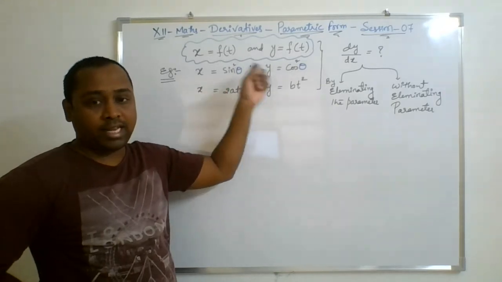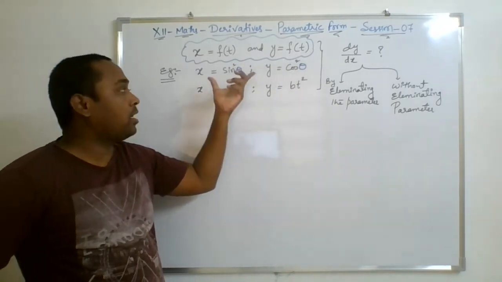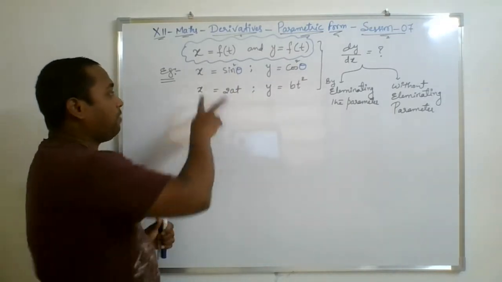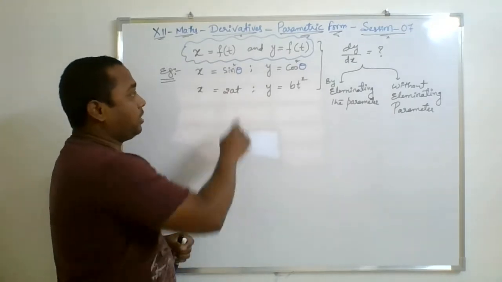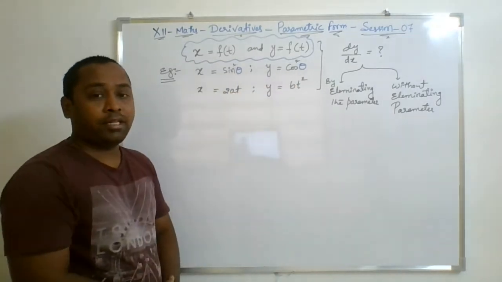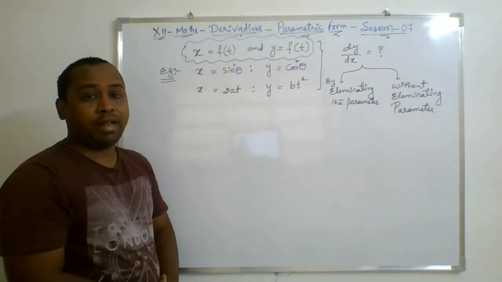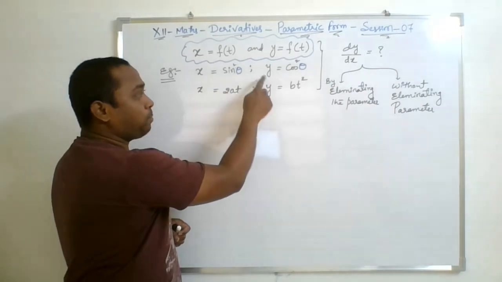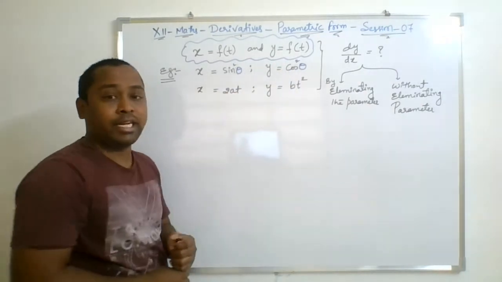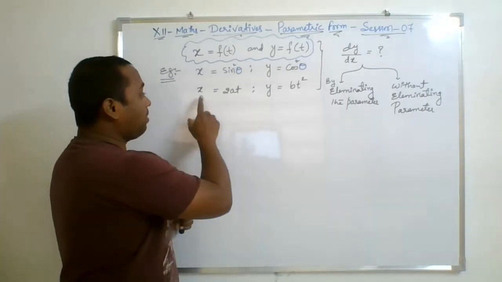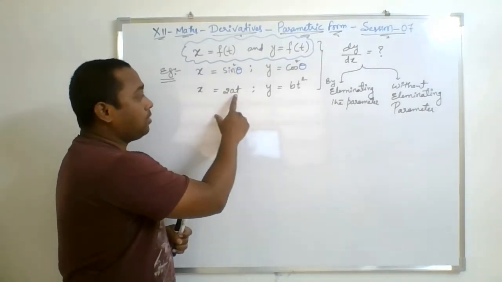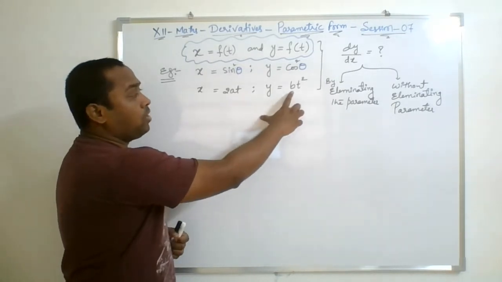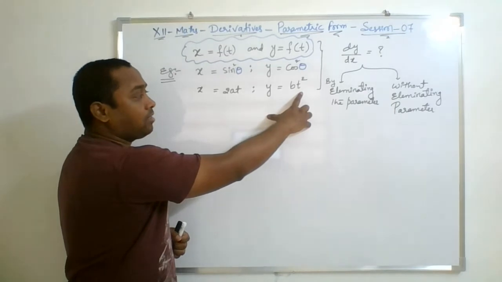And the form of the equations is called the parametric form of the equations. So, if any two variables are connected through a third variable, then the form of the equation is called parametric form of equation. Here x and y are expressed in terms of theta, so theta is called the parameter. Similarly, in the second example, x is equal to 2at where a is a constant, t is a variable, and y is equal to bt square, b is a constant, t is a variable.